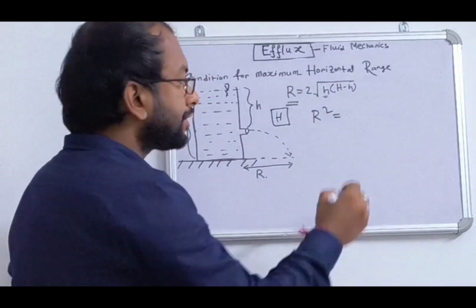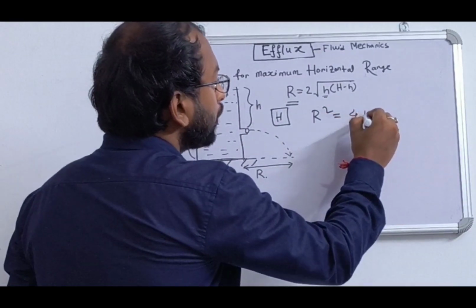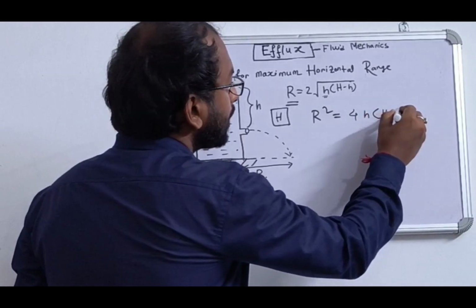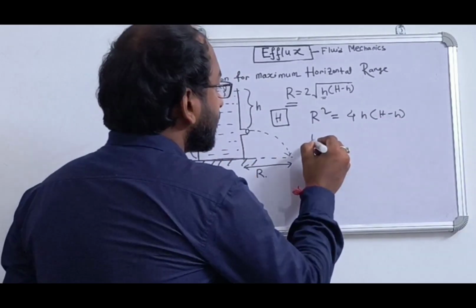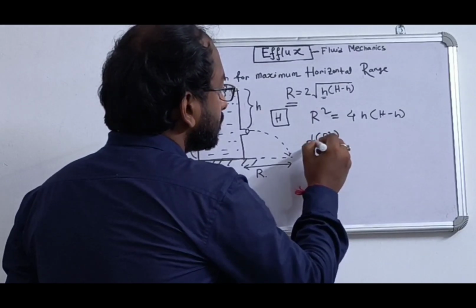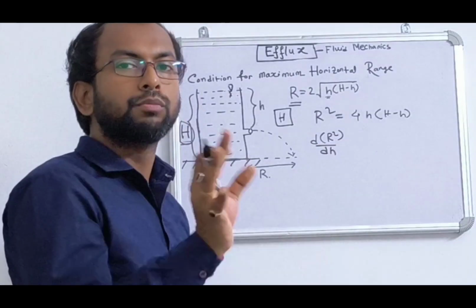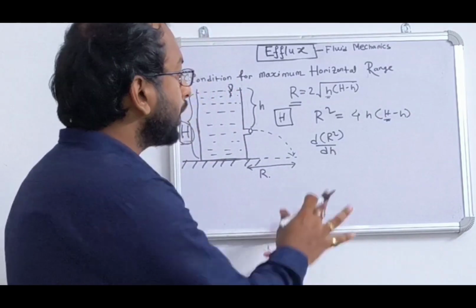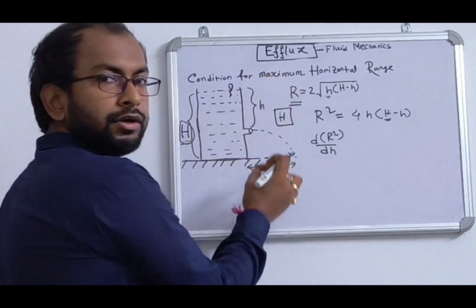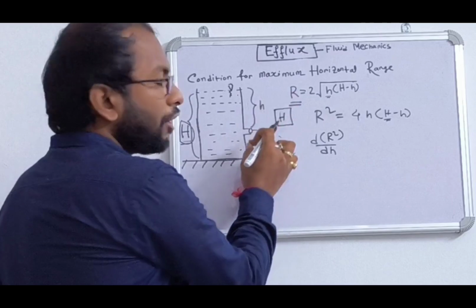So R square is 4 into h into (H minus h). Now this is a find-the-maximum problem, so I have to find the maximum for R square with respect to small h, because capital H for a particular container is constant. So h is the only variable. I can vary the depth of this hole.